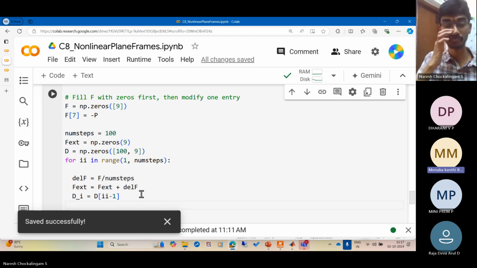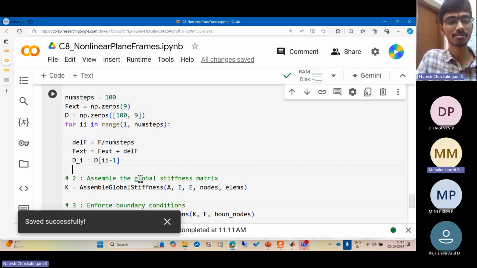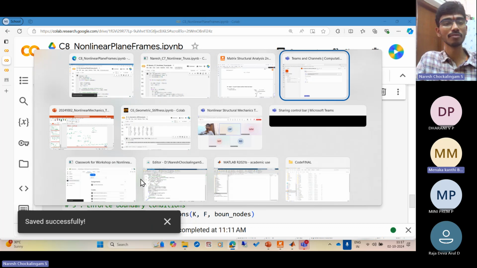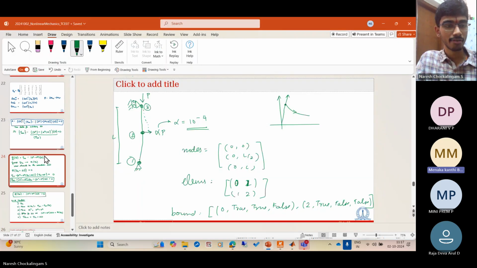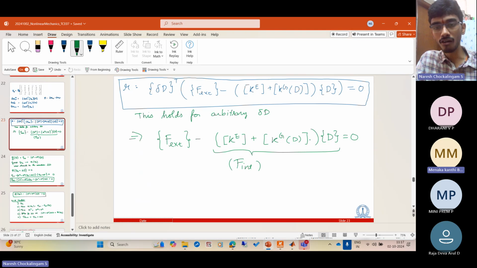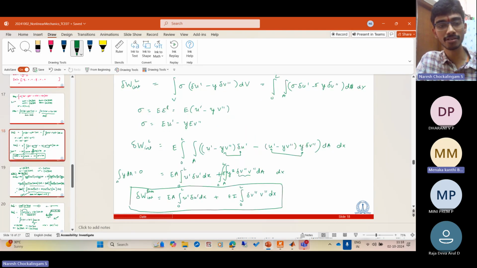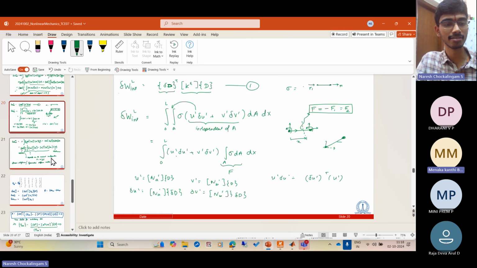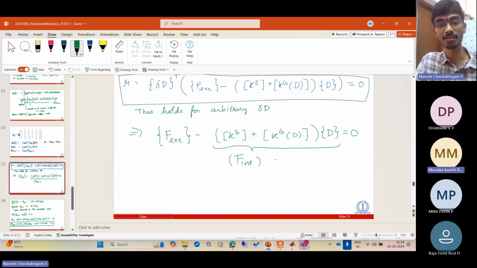Then we need to find the force residual. How to find that residual? Use this. Throughout today's session, all that hard work we did with calculus and finally getting to this equation is to get an expression for the internal force.